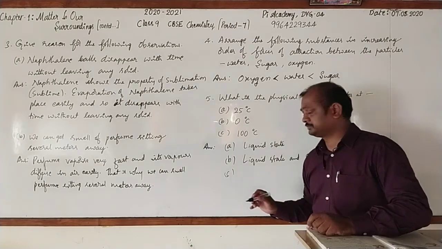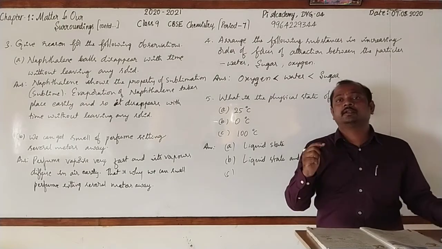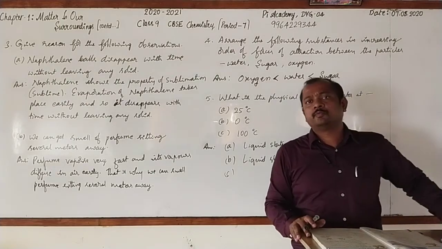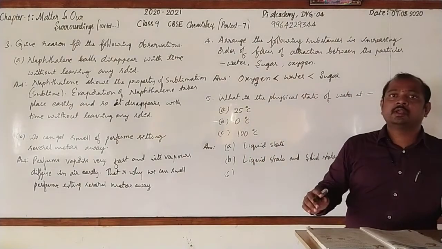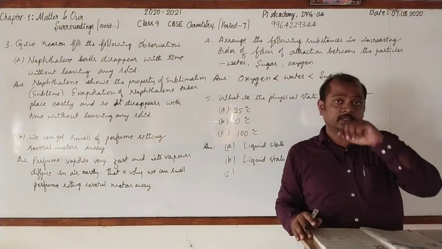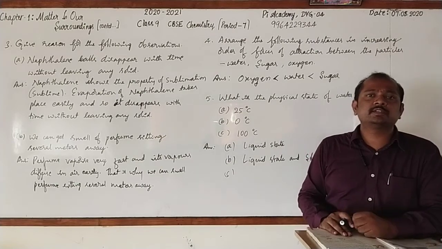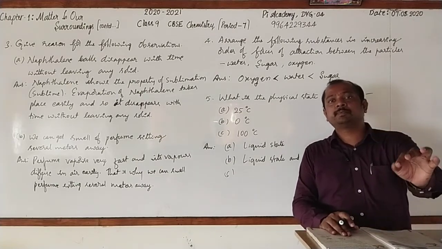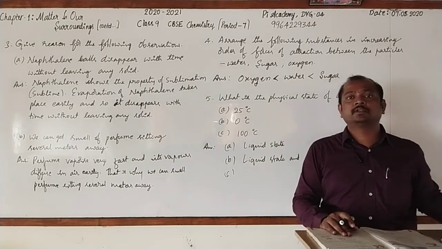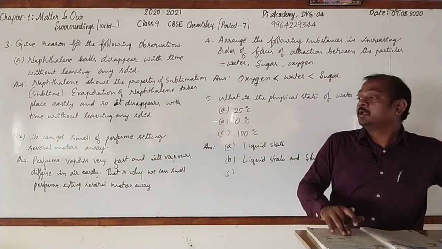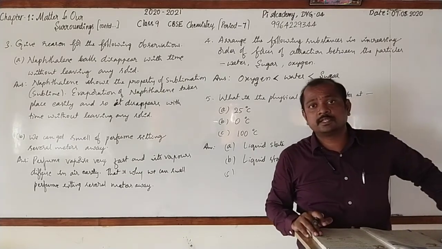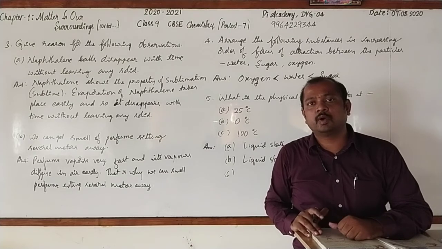Next, C. 100 degrees Celsius. You are very familiar with this magnitude. 100 degrees Celsius with respect to water. What is that? It is the boiling point of water. Then what is boiling point? The specific temperature at which liquid starts boiling. Then at 100 degrees Celsius, what will be the physical state of water?